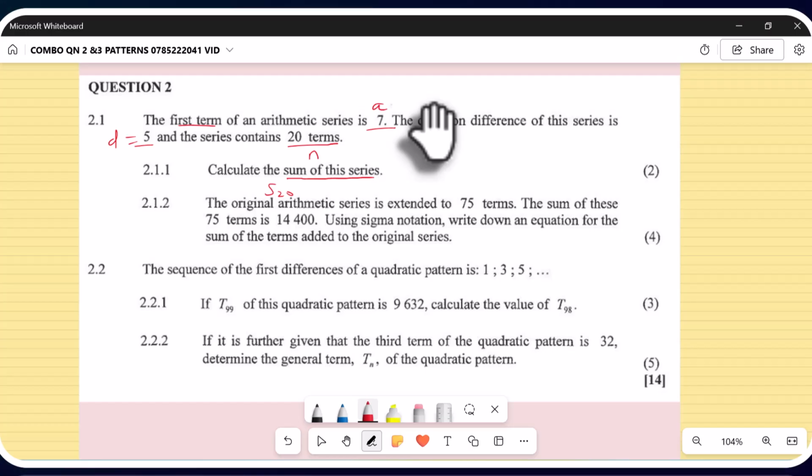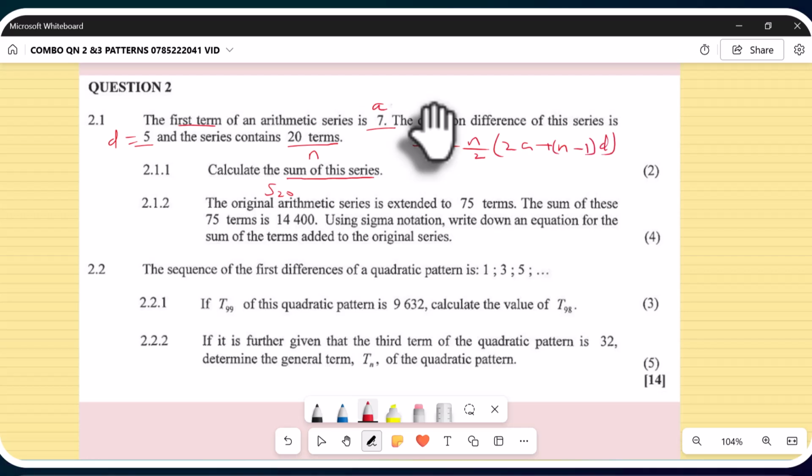However, here they give us the common difference, so we are going to use Sn equals n over 2 into (2a plus (n minus 1) times the common difference). In this case, we're looking for the sum of the first 20 terms.